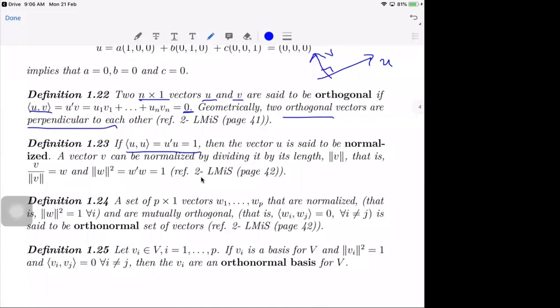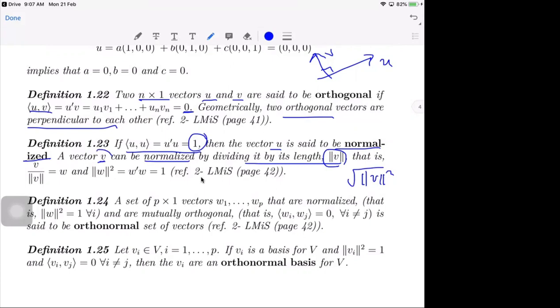Another definition: if the inner product of a vector u with itself is equal to 1, then we say that this vector u is normalized. You can normalize any vector v by dividing that vector by its length, or the norm of v, that is the square root of the inner product of v.